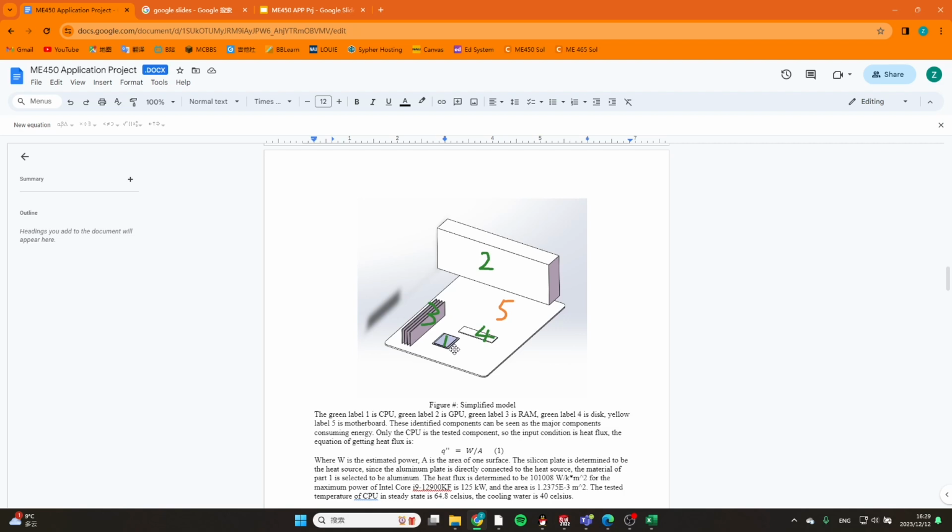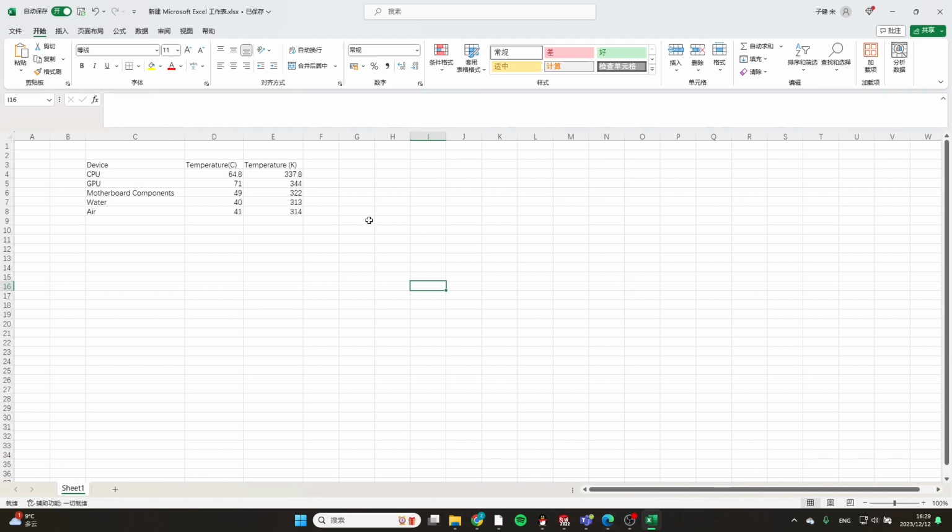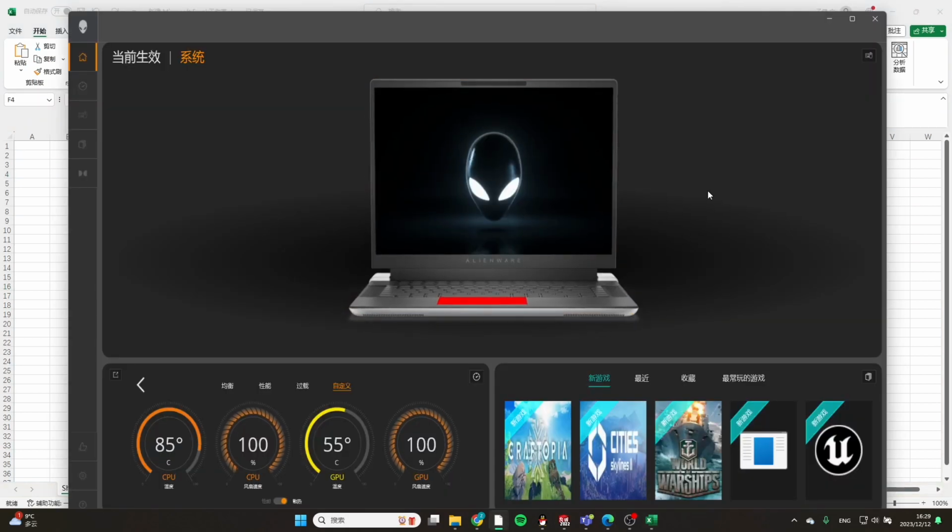Before testing, we measure some parameters, especially temperature, just temperature, of these components, because we're holding all the others and the fluids, including air and water, at a constant temperature. So it's more convenient to test the heat transfer rate of this one. Here is the testing value. The method of testing is like this: this is my laptop.